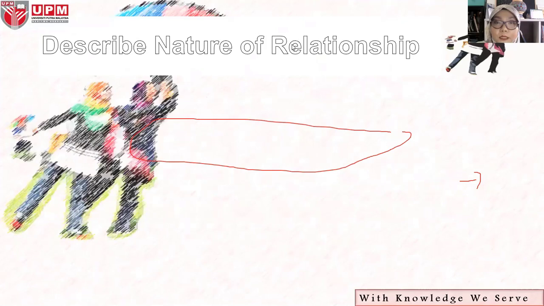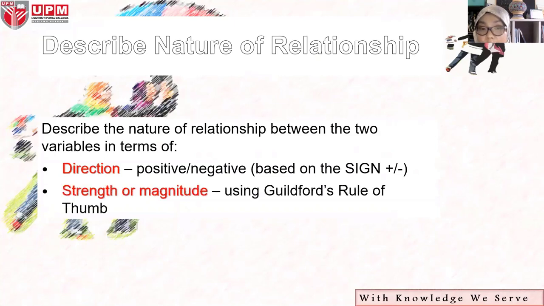To describe the nature of the relationship between the two variables, in terms of the direction, either positive or negative, we look at the positive or negative symbol located in front of the result.